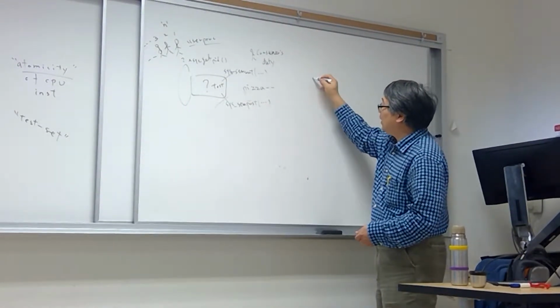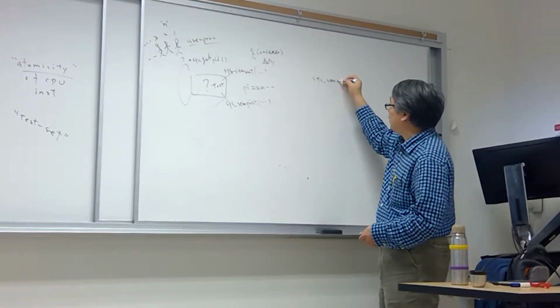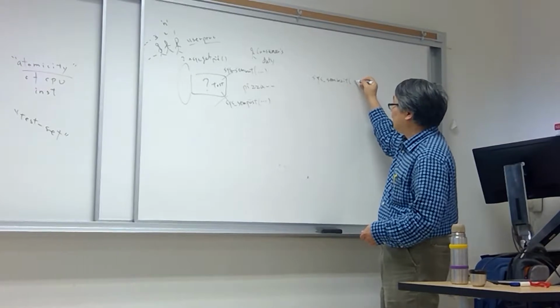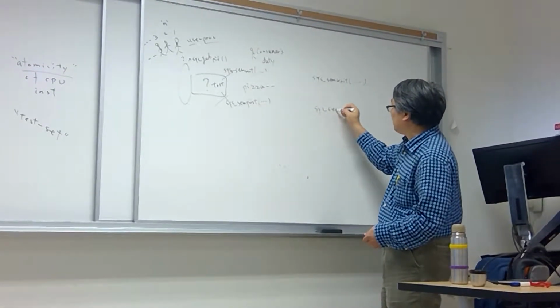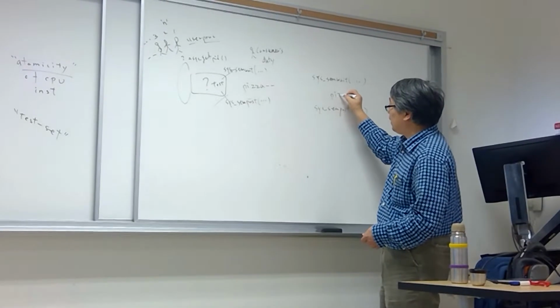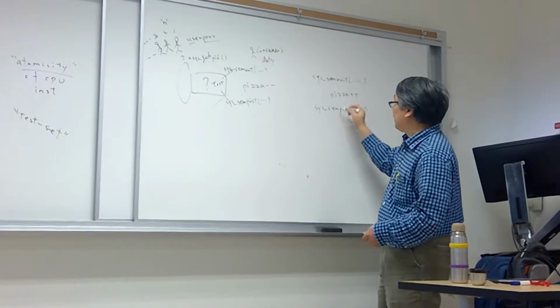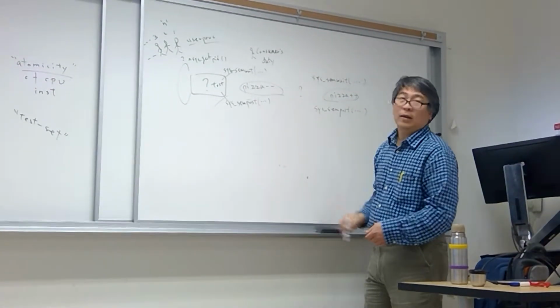And then you have the code here for the producer. So this is the semaphore pizza. It's pizza plus.